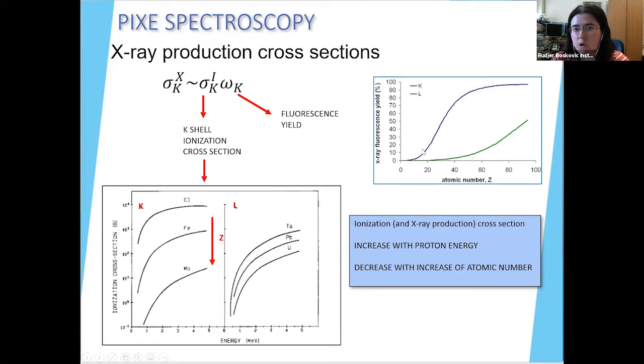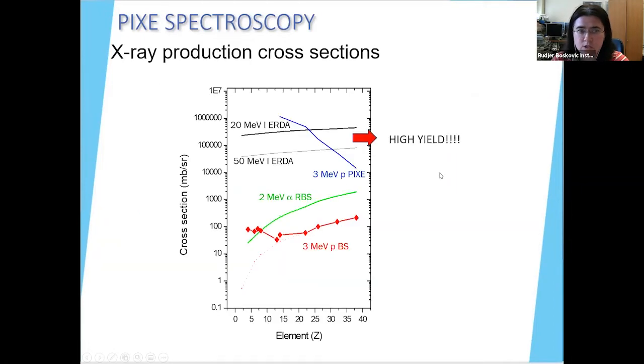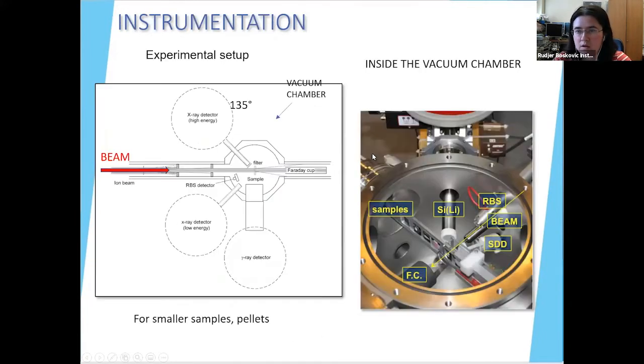So we will have only a small percentage of X-ray lines emitted compared to when you go to the higher Z elements, where the majority will result in the emission of X-ray lines. So when you compare PIXE with other ion beam techniques like ERDA and RBS, you see that the cross sections are rather high. So when we talk about PIXE, we talk about a high yield ion beam technique.